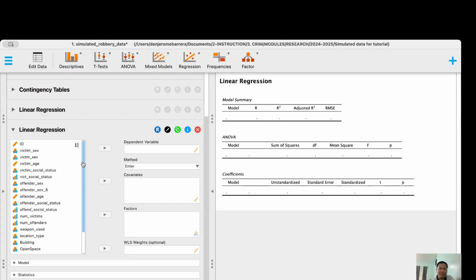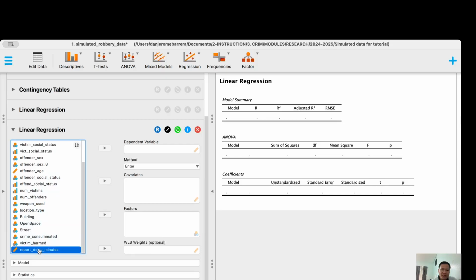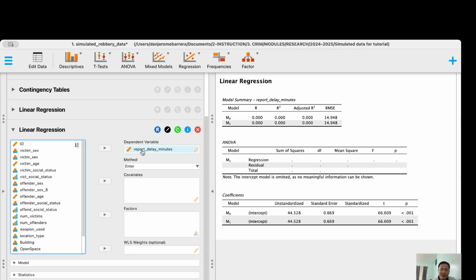So let's start. Our dependent variable is reporting delay, so place it here. Now let's start with the independent variables. Let's start with victim's sex. Victim's sex is not continuous, it is categorical, so we place it under factors.